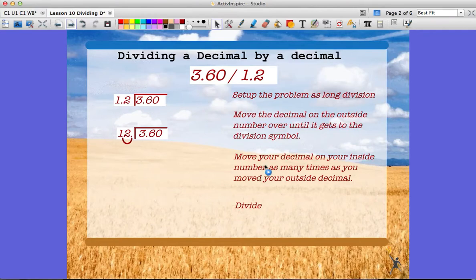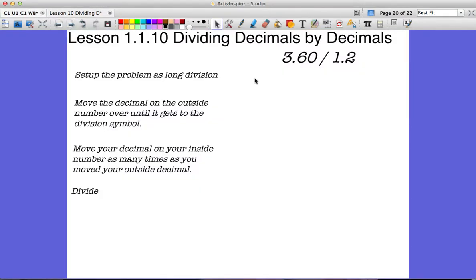So what we do on the inside now is we move the decimal the same number of places as we did on the outside. Since we moved it once on the outside, now we need to move it once on the inside. Just like I have these steps written out differently, you need to do the same thing here in your notes.